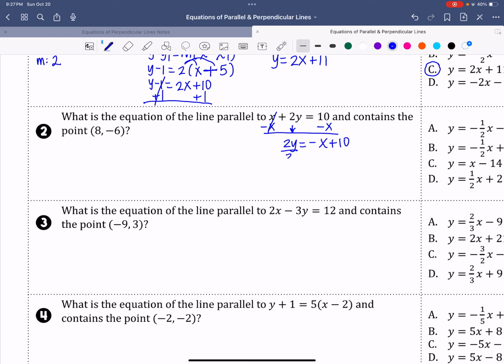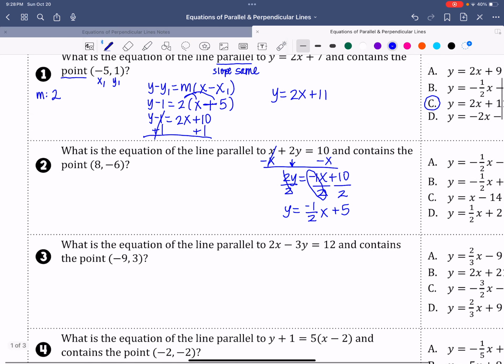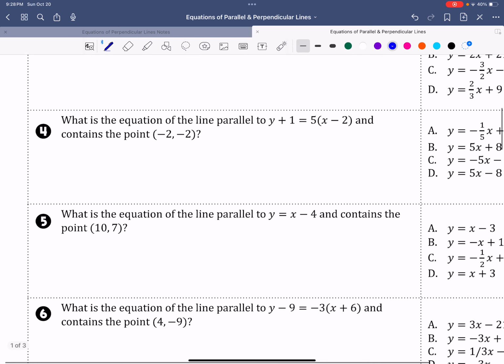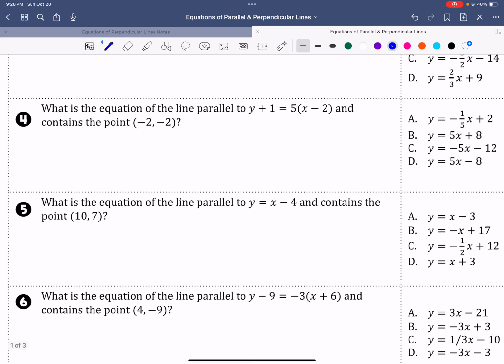My next step is to divide by the number in front of y. So I'm going to divide everything by 2. And I end up with y equals, remember there's a 1 in front of x, so here I get negative 1 over 2x, and then 10 over 2 is 5. So from here, you should be able to mimic the steps on number 1 to find the equation of your line. Number 4 is in slope-intercept form. So remember, whenever you are in slope-intercept form, your first step is to distribute.